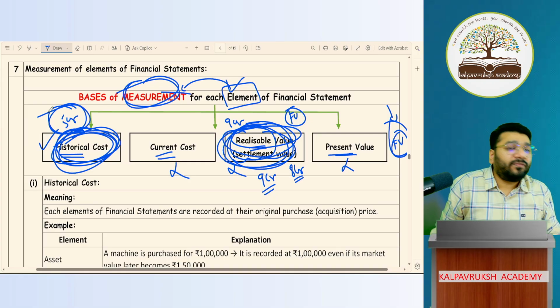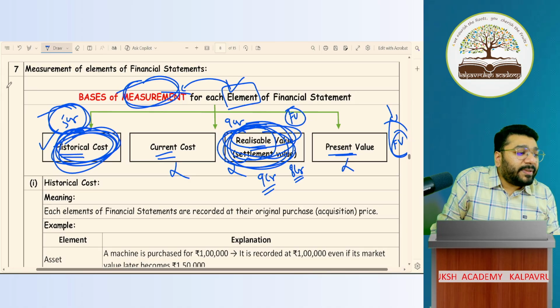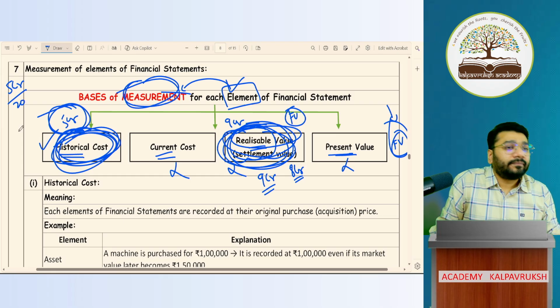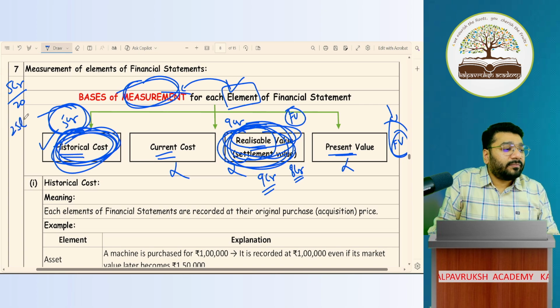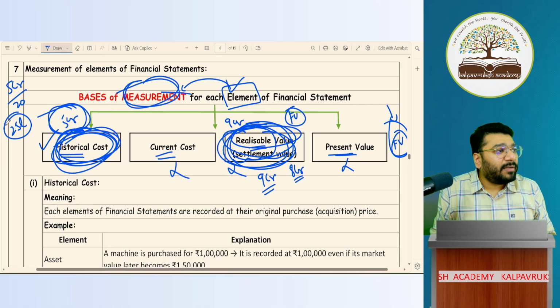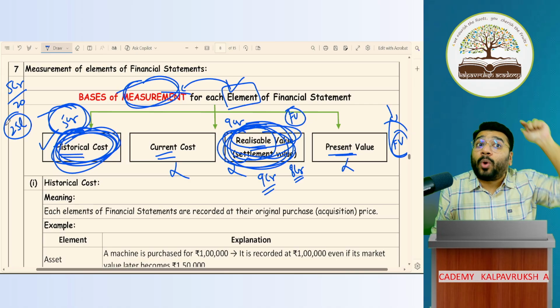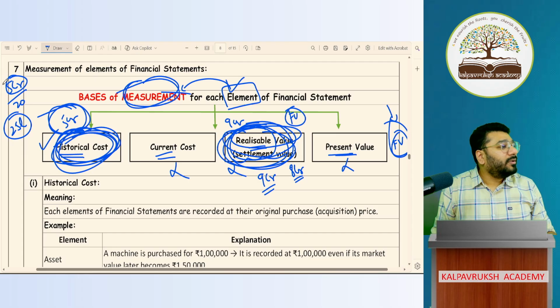This 5 crore worth of land and building, suppose I'm going to use it for 20 years. What is depreciation per year? 25 lakh. Every year I charge 25 lakh, on what cost? Historical cost. Got it, not got it?